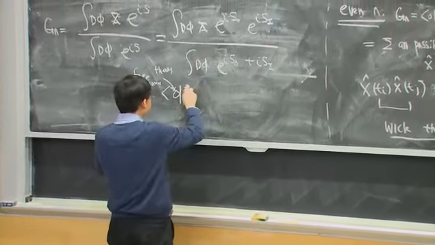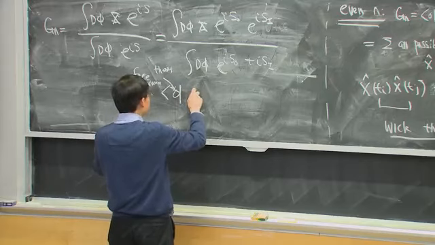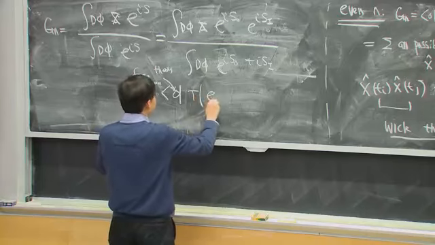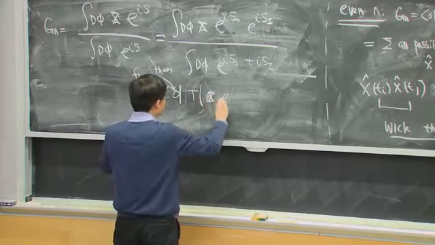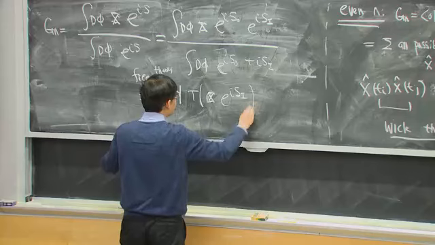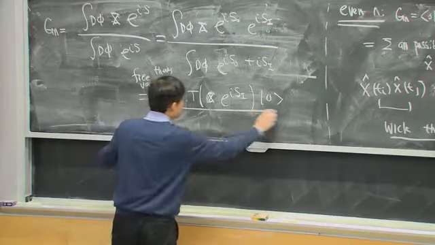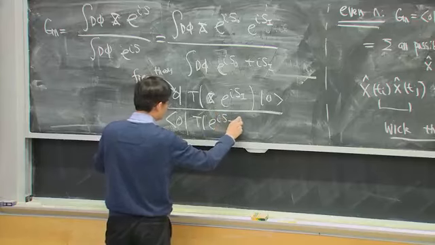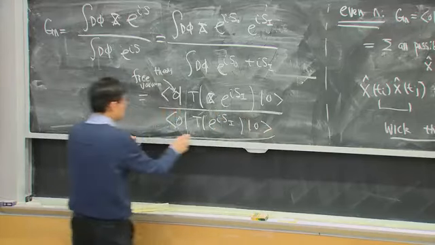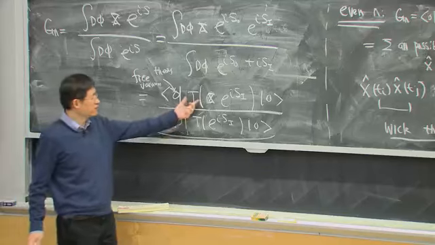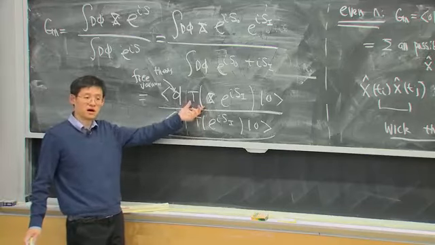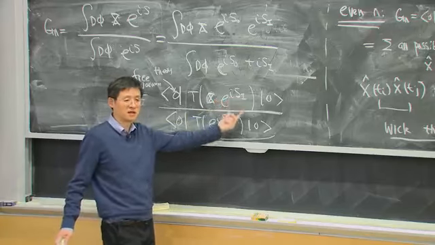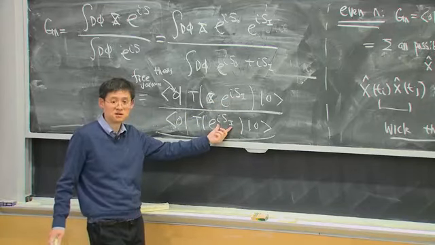So the numerator becomes the time-ordered product of phi x's with the expansion of iSi in the free theory, and the denominator also becomes the expansion of iSi in the free theory. Now we can evaluate such correlation functions in the free theory by expanding Si in a power series.